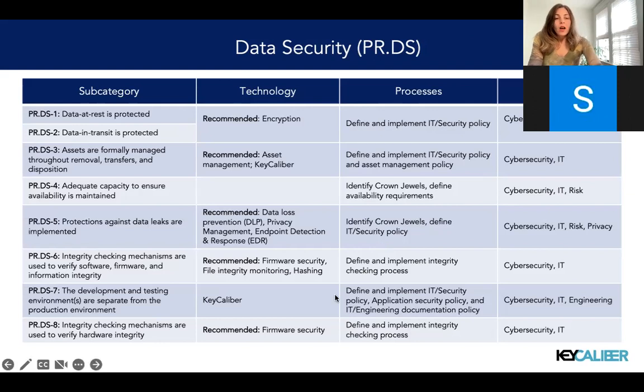In terms of integrity, so for number 6 and number 8 there, in the integrity, that's a little bit trickier. You know, it's not one of the areas that's very well covered with security technologies. You maybe have some firmware security or file integrity monitoring, maybe sometimes just hashing ends up working.